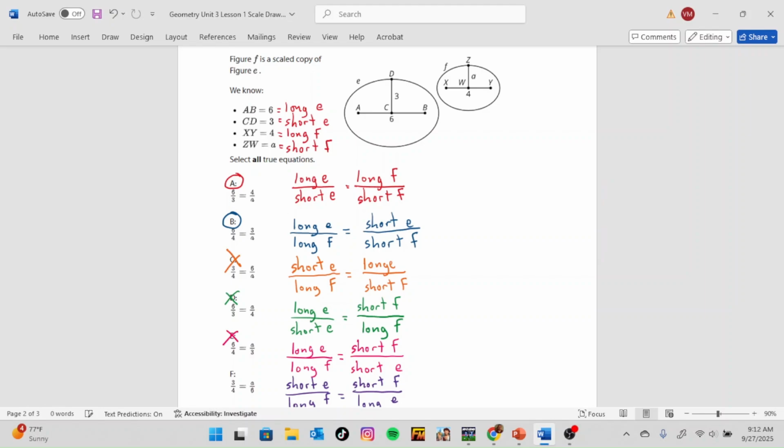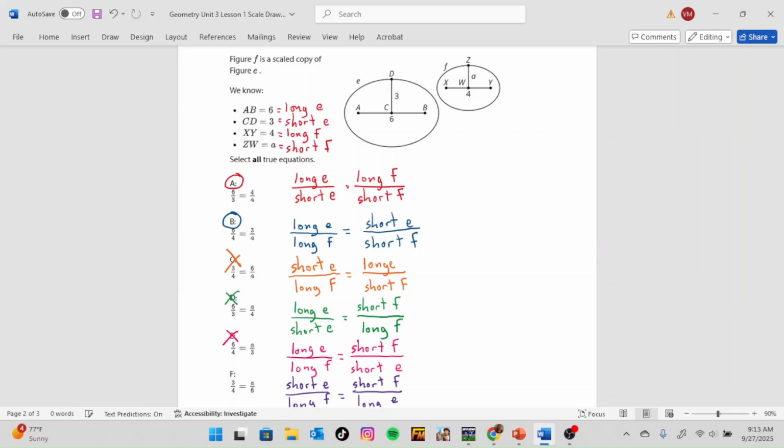Now, the problem with this is that we're comparing different parts. Because if you notice, on A, it was fine to compare long and short with long and short.